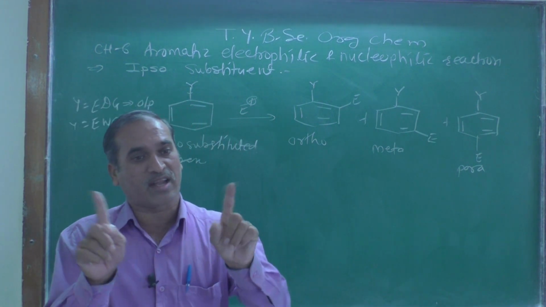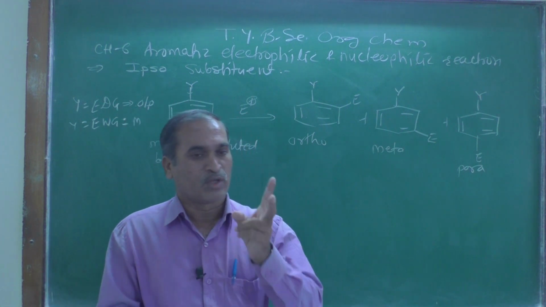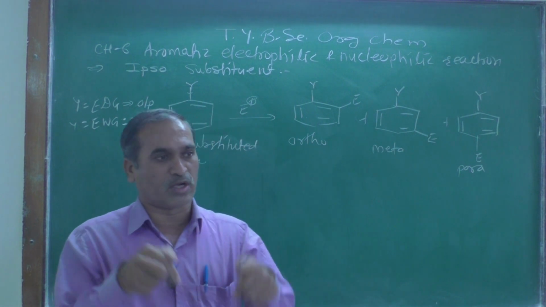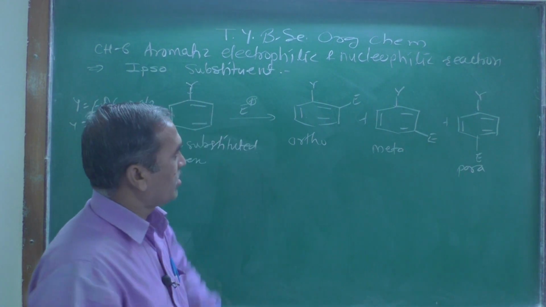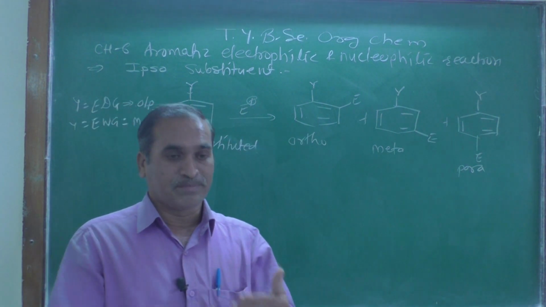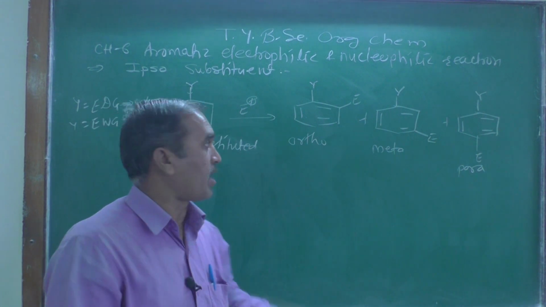As we know, there are three positions: two identical positions adjacent to the substituent group, known as ortho positions, and they get more activated when electron donating groups are present.